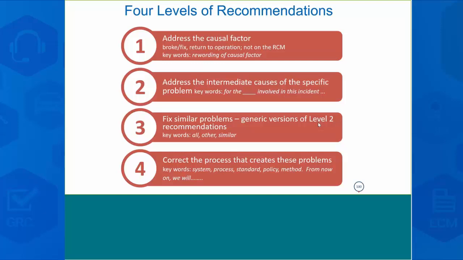I could talk for 2 or 3 hours about level 3s, okay? Fix similar problems. The idea here is I need to look around and see if there are similar issues in my facility or elsewhere in the company. The level of effort that you spend on the level 3s is really risk related, okay?